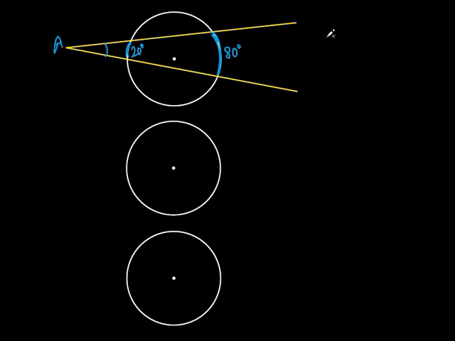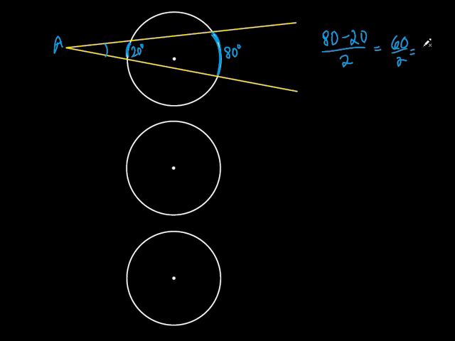I'm actually going to subtract the two arcs and then take half of it. So I take the bigger one minus the smaller one, and then divide it by 2. That's how you find the angle on the outside of the circle, the exterior angle. If these two secants intersect outside the circle, I subtract and divide by 2. Remember, when they intersected inside the circle, we added them and divided by 2.